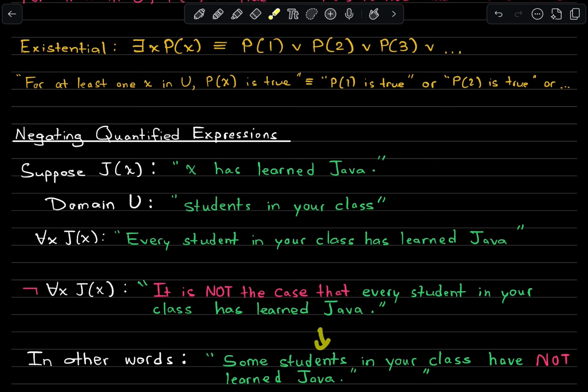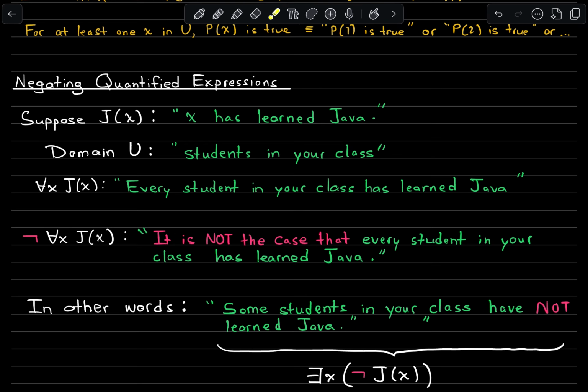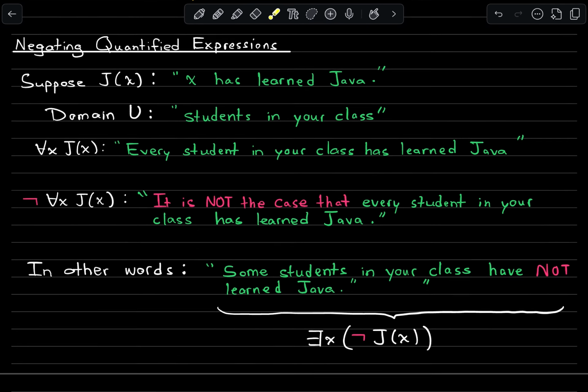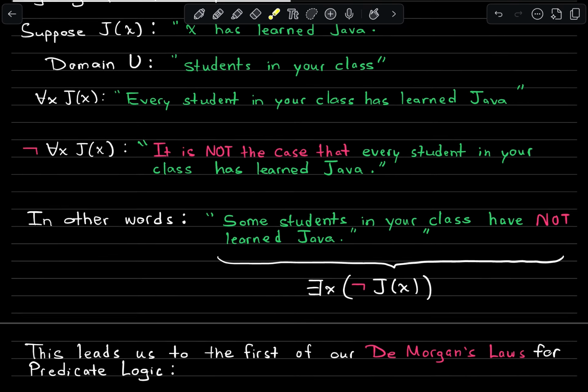Now this second statement is making use of this word some, which means we could actually apply the existential quantifier here. We could rewrite that as for some x in our domain, the negation of J of x, right? Some students have not learned Java. And this is going to bring us to our first De Morgan's law for predicate logic.